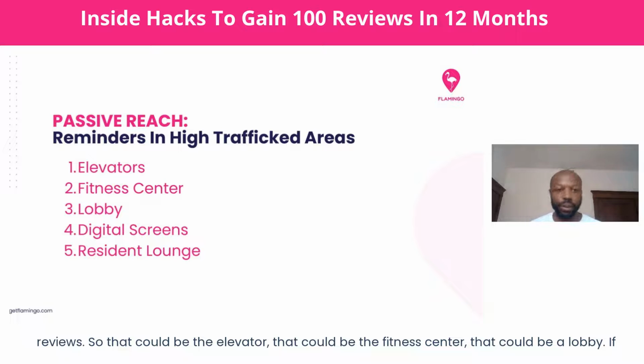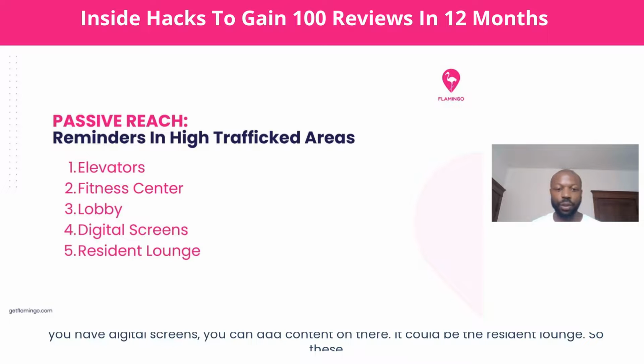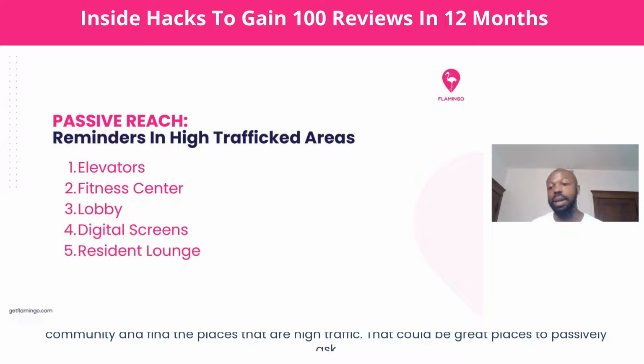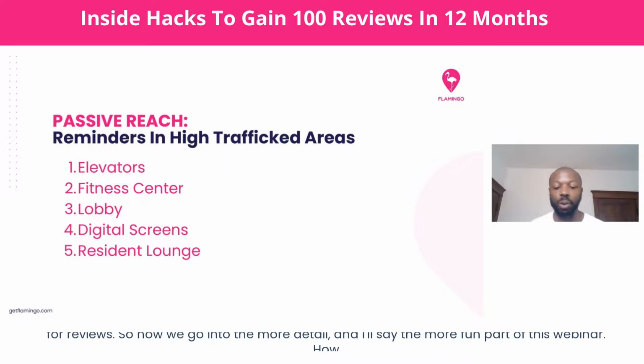So that could be the elevator. That could be the fitness center. That could be a lobby. If you have digital screens, you can add content on there. It could be the resident lounge. So these are just a few examples. But what you want to do is really do a walkthrough of your entire community and find the places that are high traffic. That could be great places to passively ask for reviews.